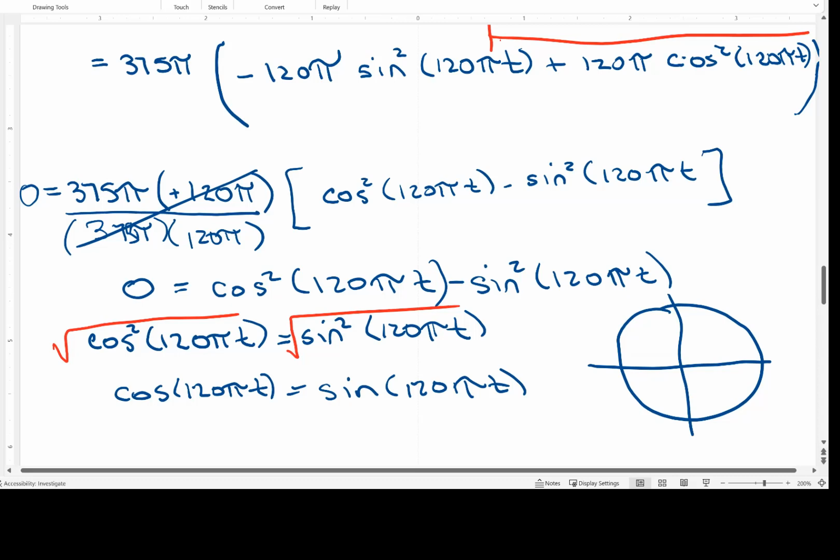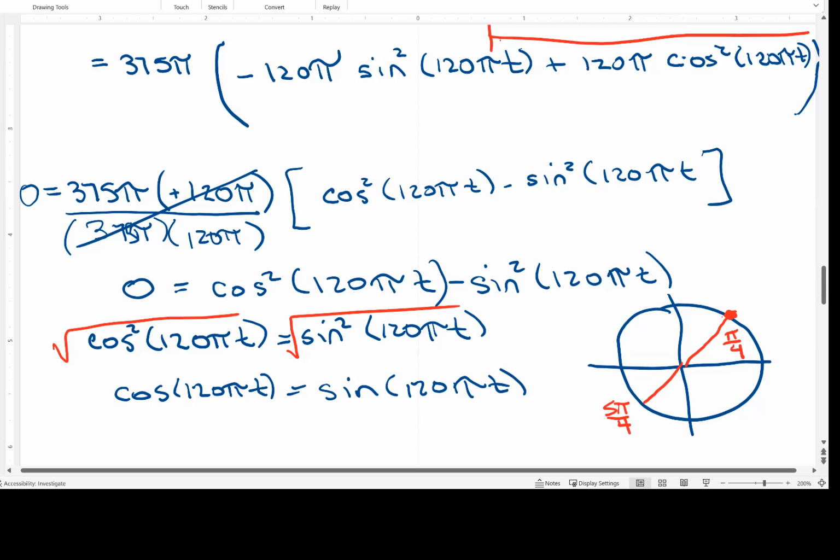But I do know that in quadrant 1 at pi over 4, sine and cosine are equal. And I also know in quadrant 3, sine and cosine are equal at 5 pi over 4.